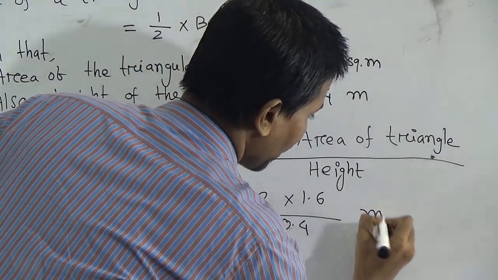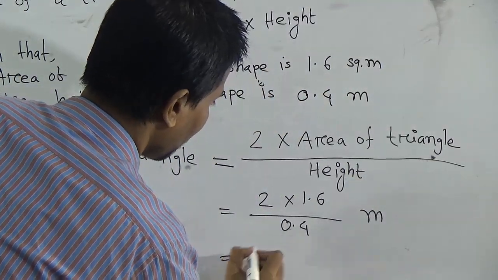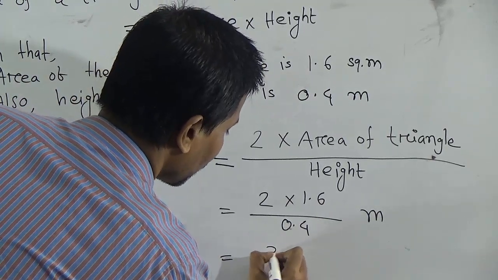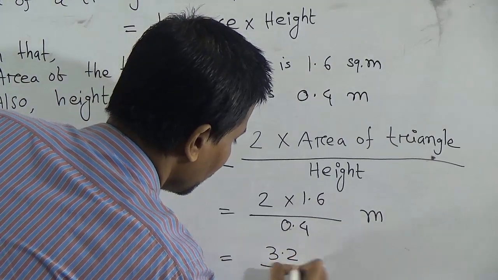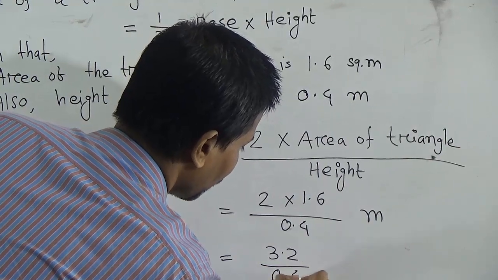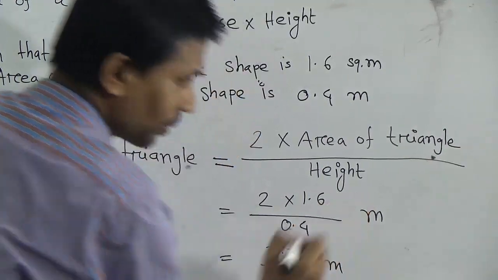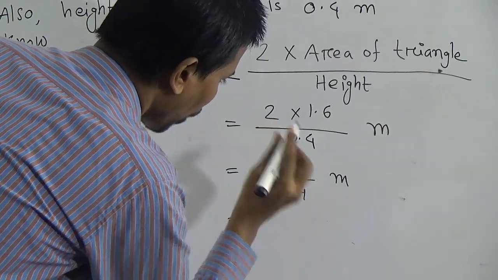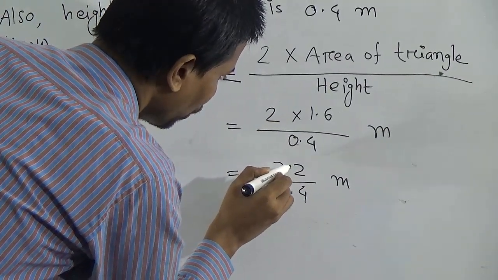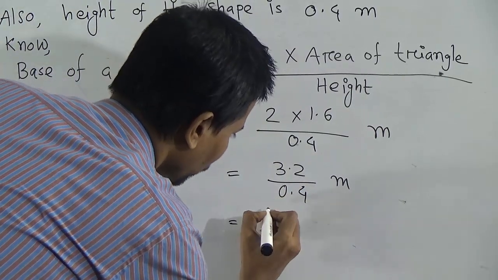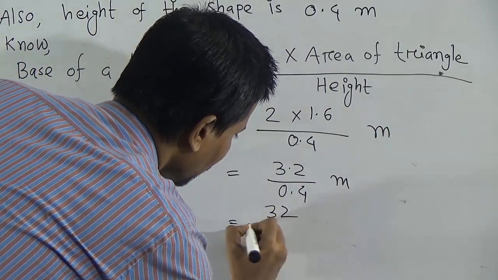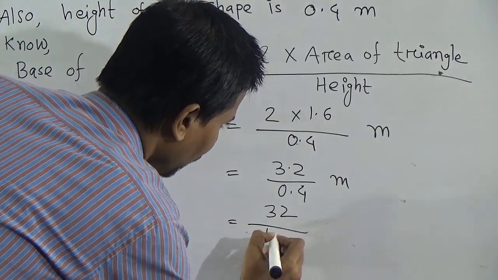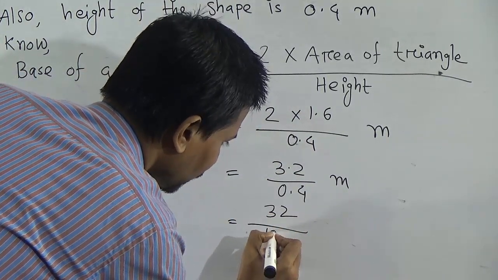As we determine the base of the triangle, so we write here unit is meter. Now multiply 2 by 1.6 divided by 0.4 meter. Look, this is point, so we pick the point and we write 1. For 2 we write here 0.